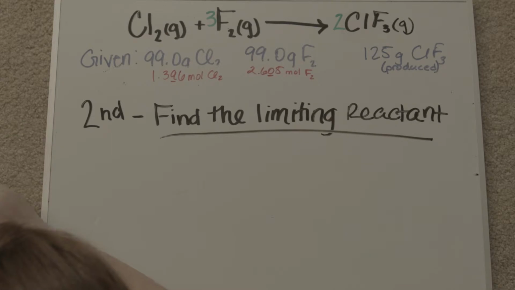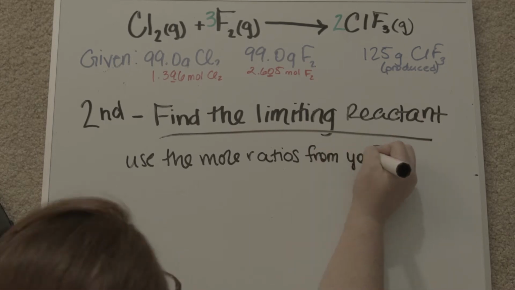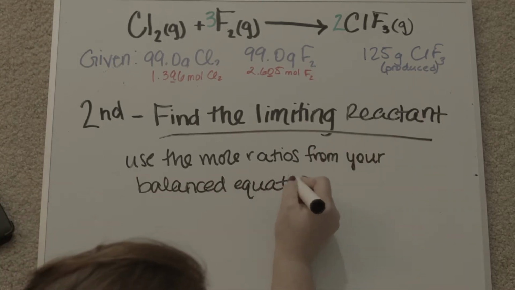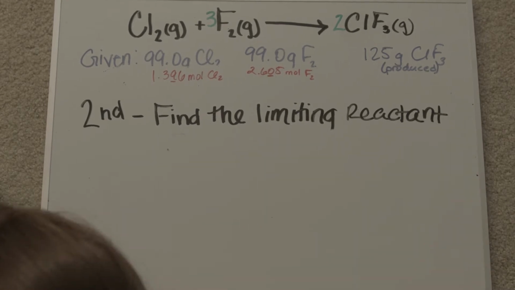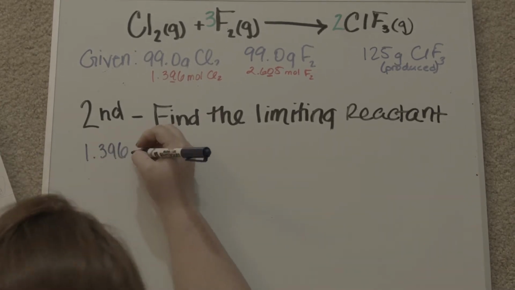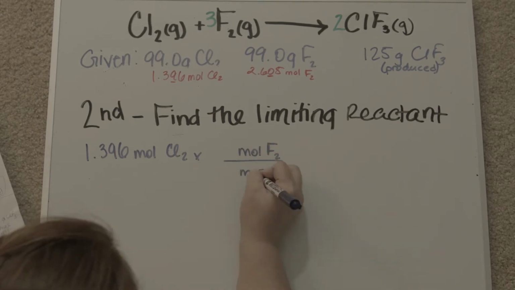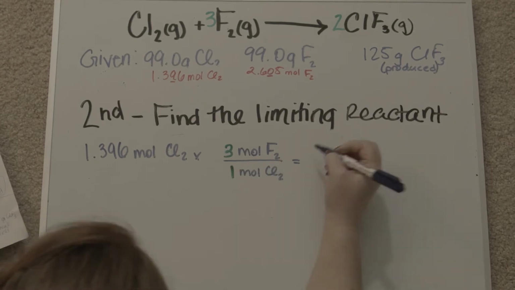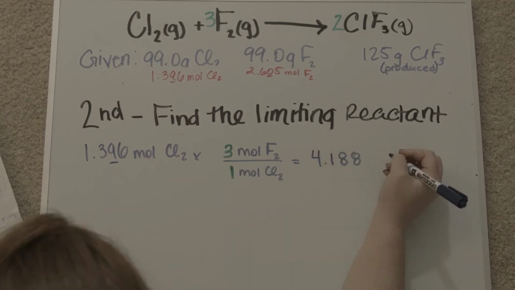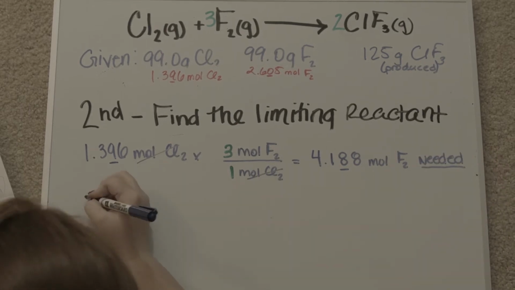Again, this time you actually want to find it. So what you're going to do is use the mole ratios from the balanced equation, but you're going to use the number of moles that you found in part 1 to find this. So 1.396 moles of chlorine times the moles of fluorine over moles of chlorine. It's 3 over 1, so you have 4.18 moles of fluorine needed.